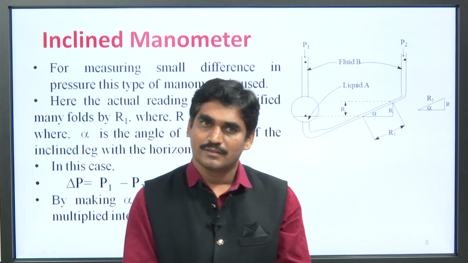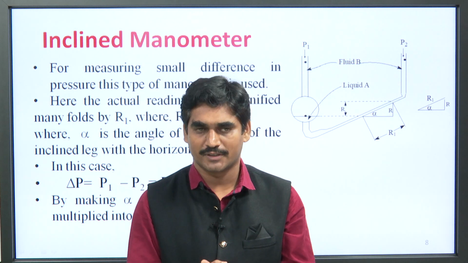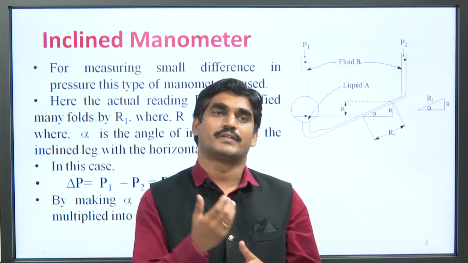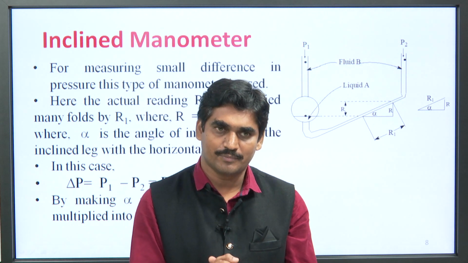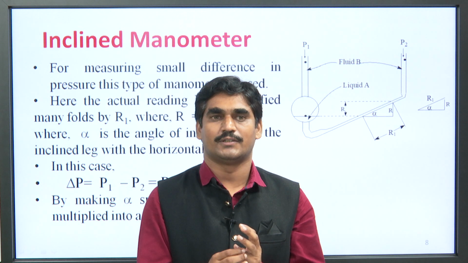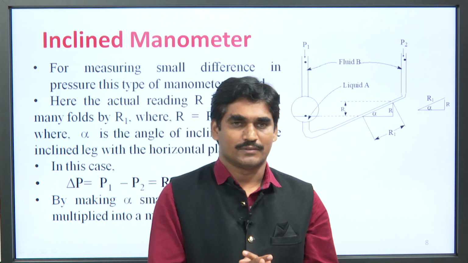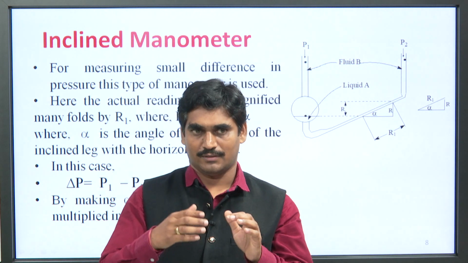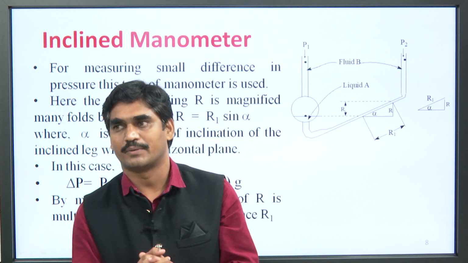After that we studied the manometer, which is used for the measurement of pressure difference, and its different types. There are 3 types of manometer: simple manometer, differential manometer and inclined manometer. All these 3 manometers are used for measuring pressure difference.